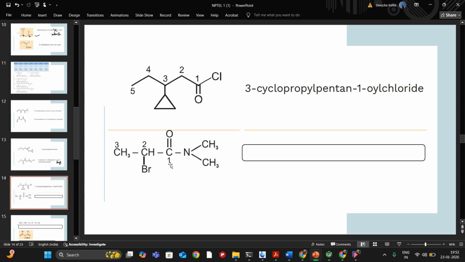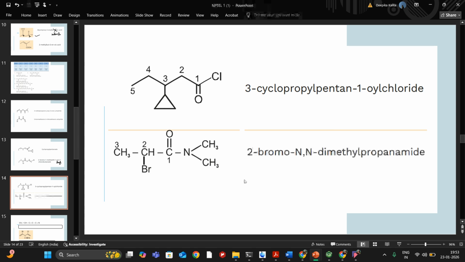Now, while naming amides, you also have to mention the substituents present on the nitrogen atom. Hence, along with the bromo substituent, you have to mention the N,N-dimethyl also in the name.